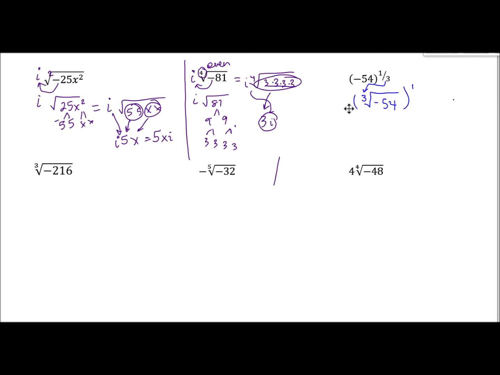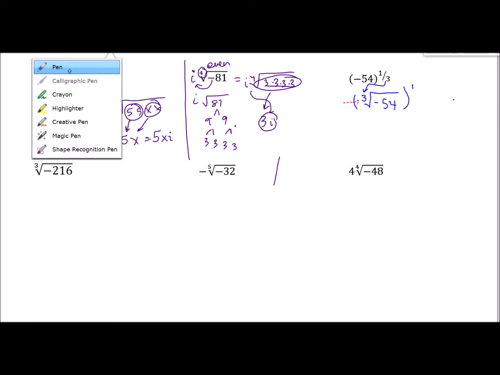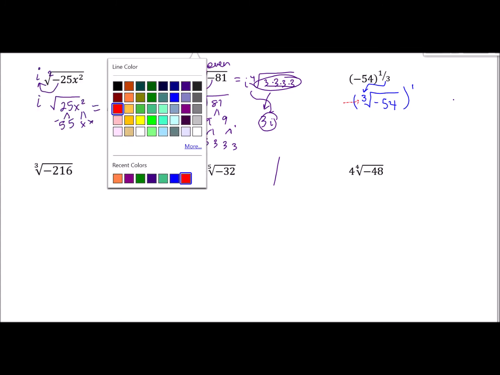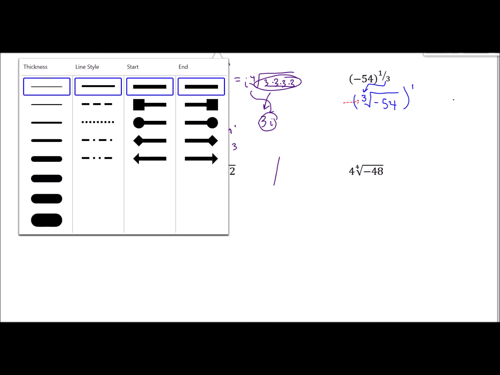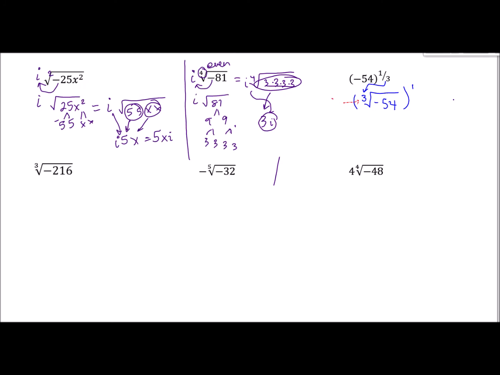This guy is odd, which means the negative just moves out in front. So now it's negative cube root of 54 to the 1, but we don't need to write down the 1 power. I'm going to save a little bit of time and factor this out for you. That is 3 3s. One makes it out. The negative follows with it. And then left in the jail is that poor little 2.